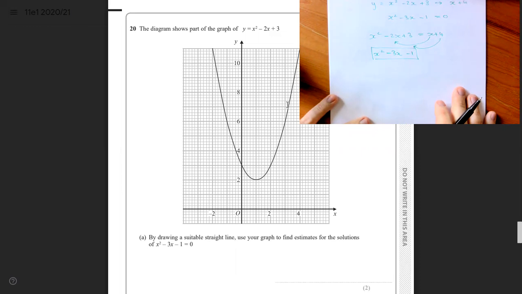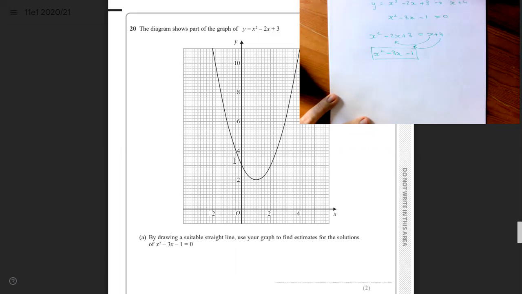So you can get 2 coordinates. And I think the coordinates are going to be about minus 0.4, 3.2, somewhere around there. Let's cross down here.